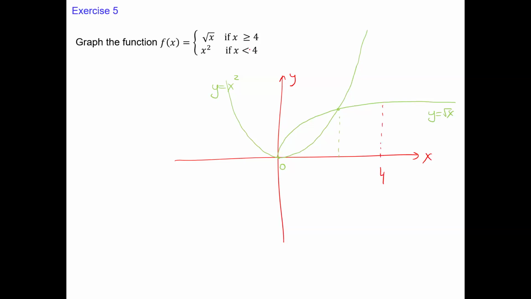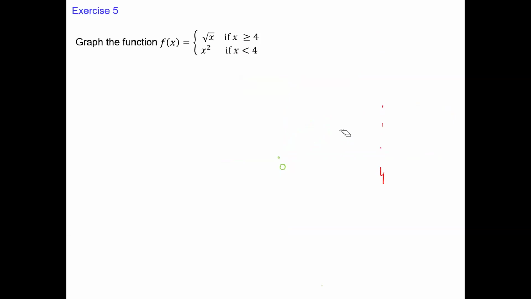Okay, that means x squared is defined for all of the x's less than 4. I have to go a little bit too big. Let's do smaller, because 4, we know what is 4 squared.